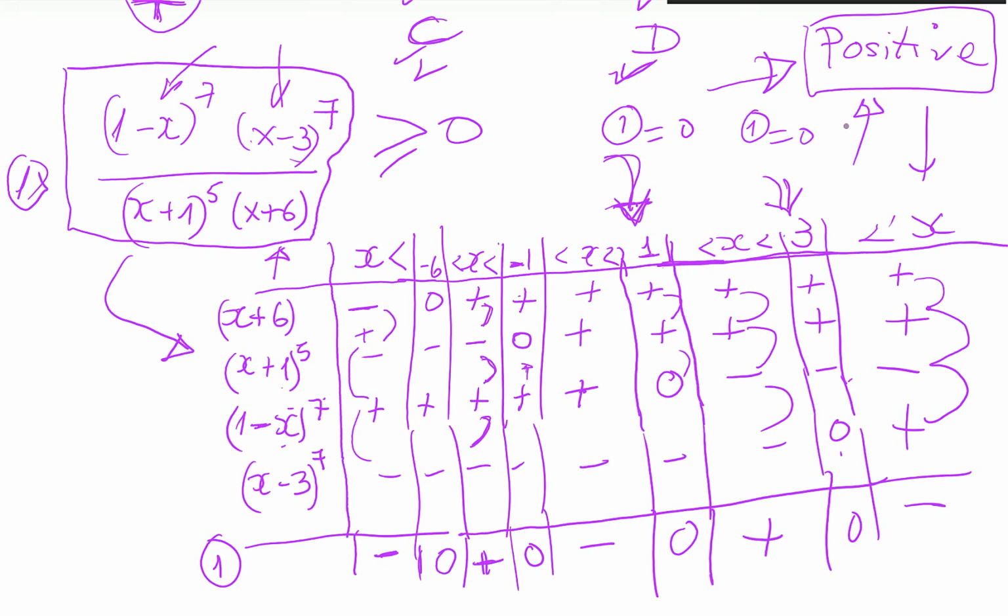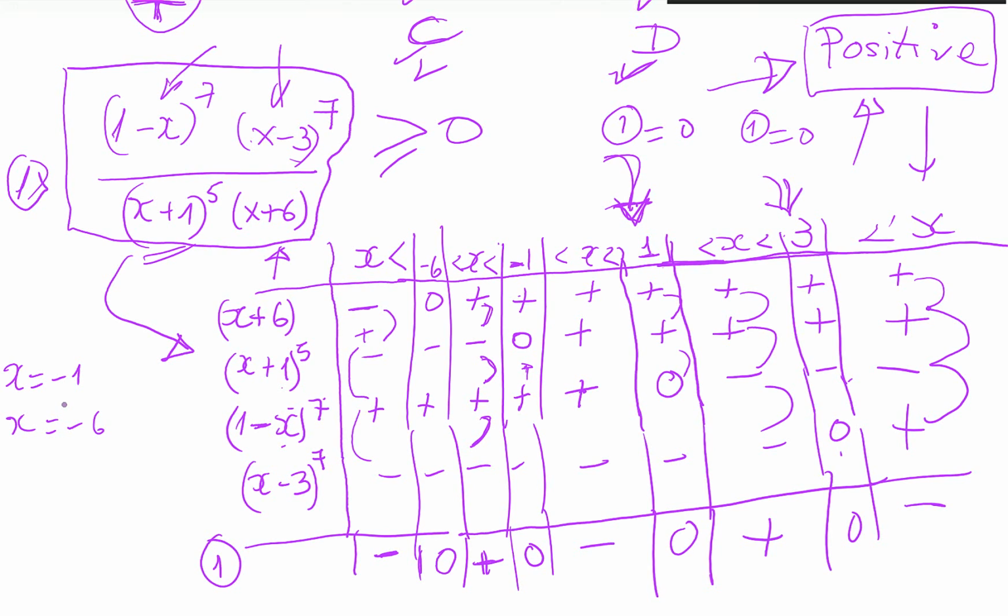On the other hand, this divisor cannot be 0, because x should be different from -1 and x different from -6, really.